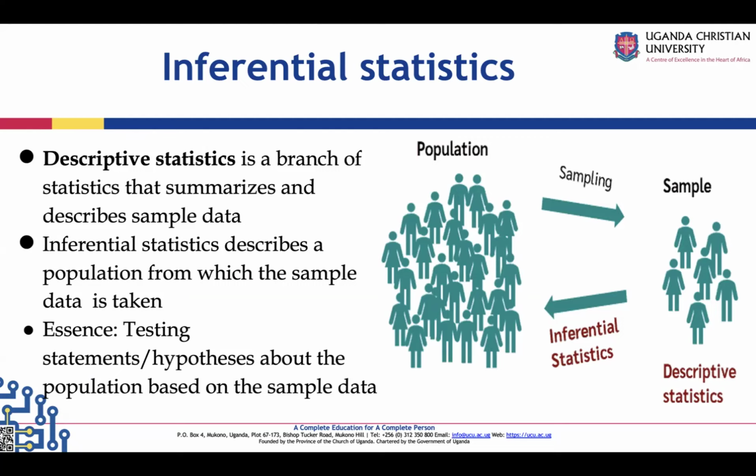So in essence, we're testing the statements or hypotheses about the populations by using the sample data. And we use sampling because it does have an aspect of being more inexpensive, less strenuous, and also more convenient because we have situations wherein we cannot access the entire population or sometimes do not know the actual number of the entire population.